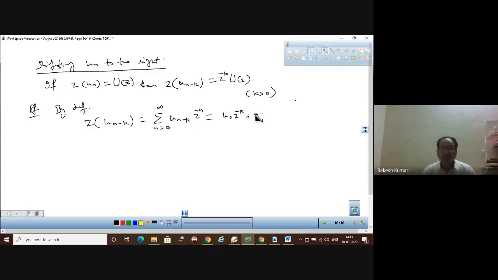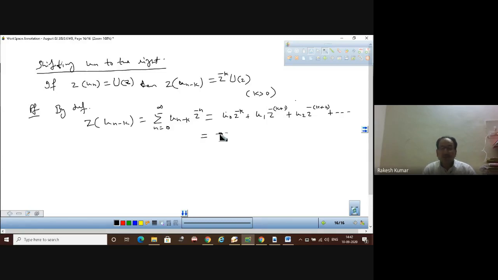If we put n equal to k plus 1, then k plus 1 minus k, k cancels, that is a 1, and u of 1 z raised to power minus of k plus 1. If we put n equal to k plus 2, that will be u of 2, and u of 2 z raised to power minus of k plus 2, and so on.